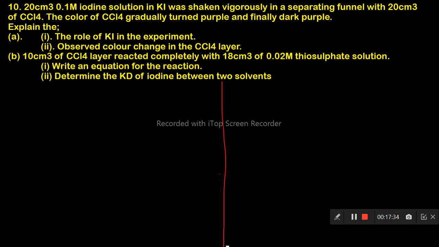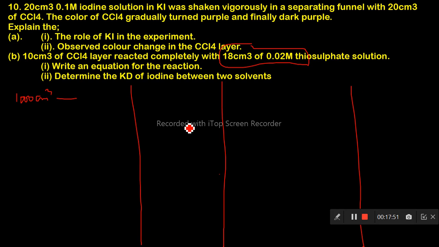So from this, we can get the moles of sodium thiosulfate that reacted. So 1000 centimeters cubed contain, I'm going to just use summaries, so that we can write the whole of it on the same page, 0.02 moles. Okay, so how about 18 centimeters cubed?